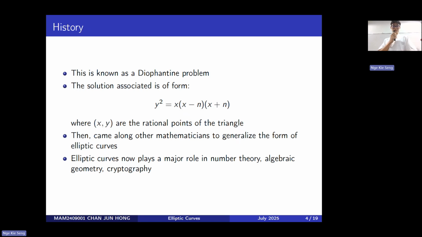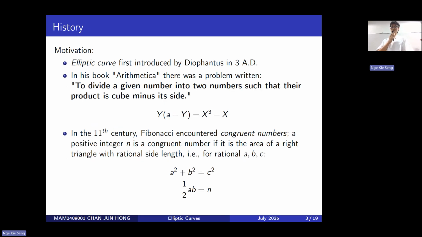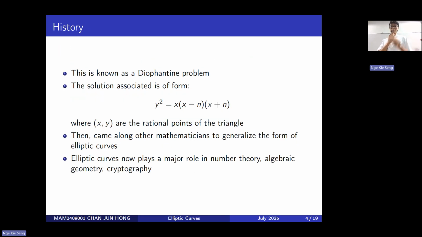From the previous, a^2 + b^2 = c^2 is known as a Diophantine problem. The associated solution is of the form y^2 = x(x - n)(x + n), where x and y are the rational points of the triangle.